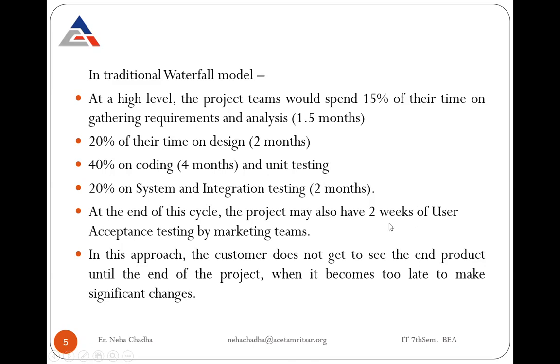Within this period of time, the user, the client, the customer is not able to get the final product. It could be possible that while Google is working on one project, another company may work on the same type of product and launch it earlier in the market than Google. This may prove a loss to Google.